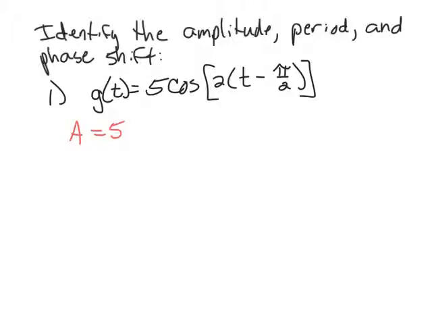In order to get the period length, I need the coefficient of the independent variable, so the period is 2 pi divided by that b value, so I have a period length of pi. And then the phase shift, since my b value is already factored out, is going to be a direct read. It's pi over 2. Since this is subtraction, it's going to be positive pi over 2, or pi over 2 to the right.